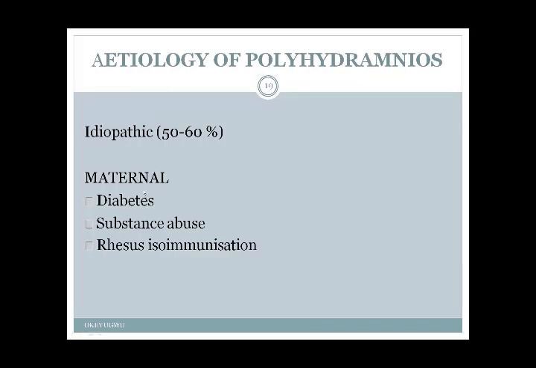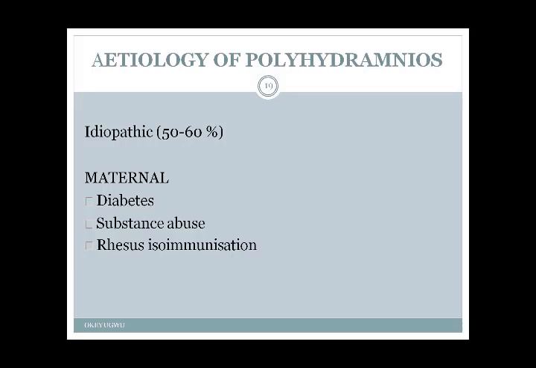Diabetes is a very important cause of polyhydramnios, because diabetes in the mother can lead to hyperglycemia. Glucose has free passage across the placenta. When more glucose enters the placental circulation into the fetus, the fetus is going to secrete more and more insulin as well.